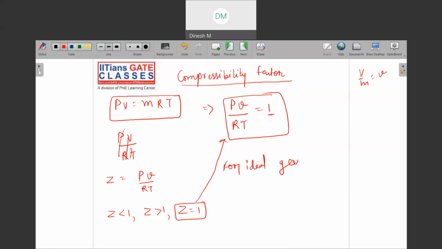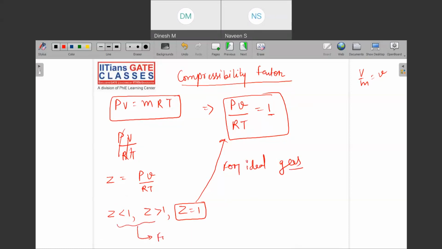For real gases, it can be less than 1 or greater than 1. So this compressibility factor helps you understand how closely you are approaching an ideal gas. If Z is equal to 1, then you are behaving like an ideal gas, and if Z is not equal to 1, then you are not behaving as an ideal gas. Okay.